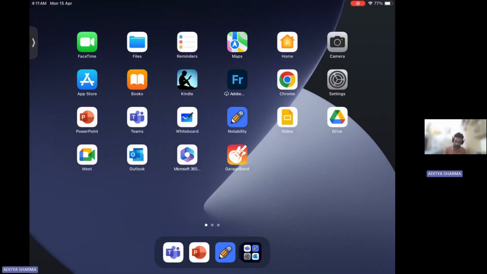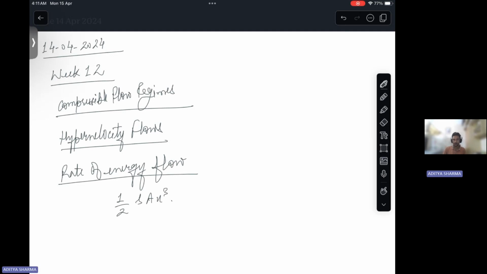The rate of energy flow is given as half rho A U cubed, where rho is the density of the flow, A is the area of the slug, or the tube in which we have a flow, and U is the velocity of that flow.